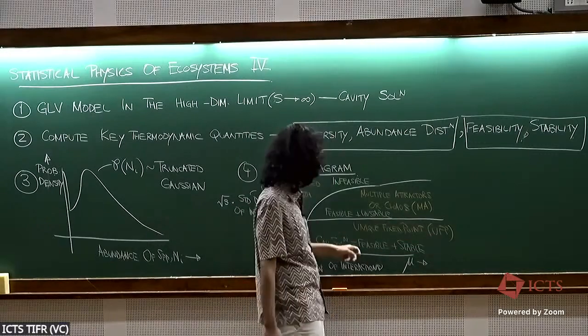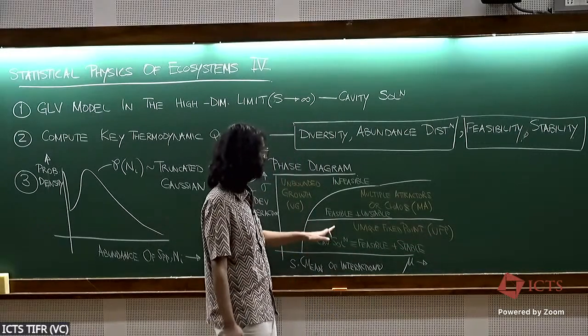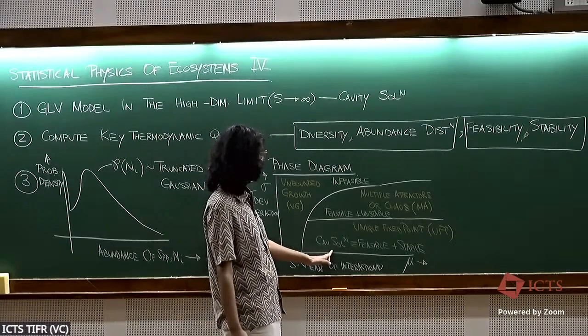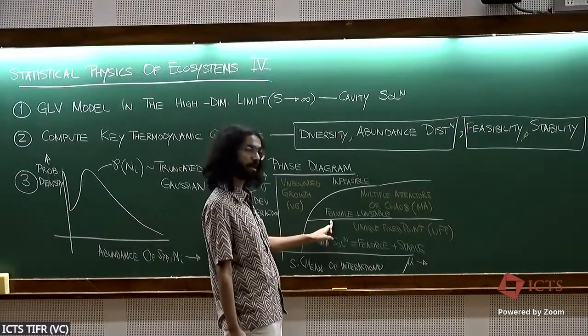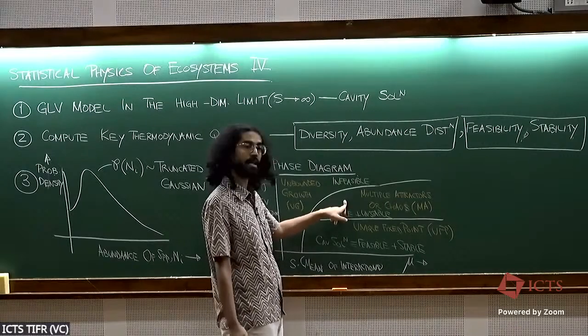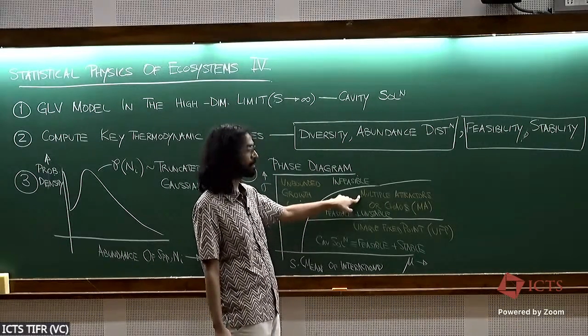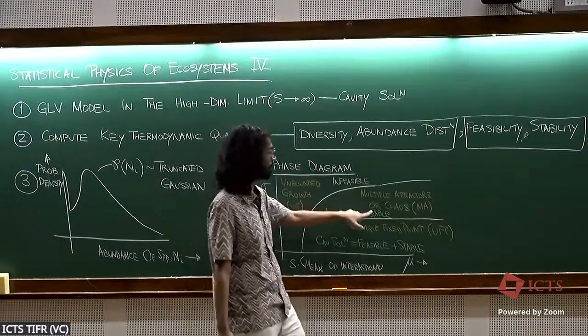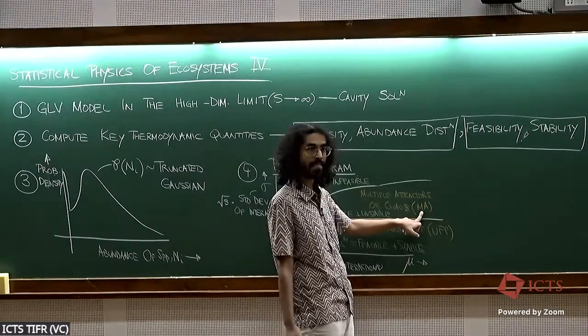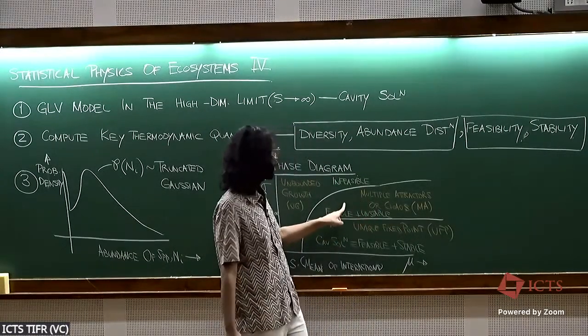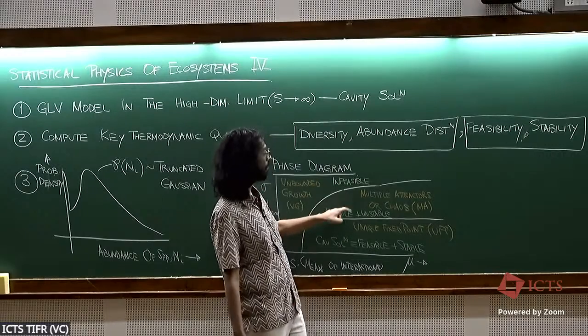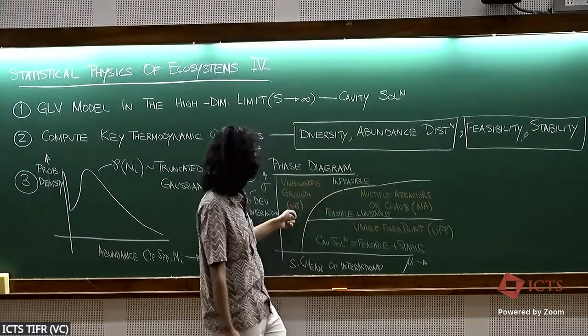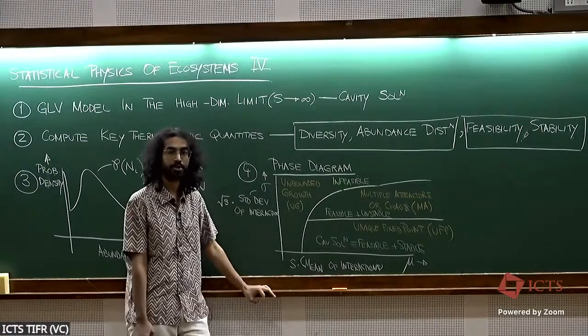We'll see how to understand that. At some point, if you keep increasing sigma, you'll cross over generically into what's called a multiple attractor or chaotic phase, often also called the MA phase in the literature. And then if you keep increasing sigma further, at some point you will cross over into another phase, which is called an unbounded growth phase.